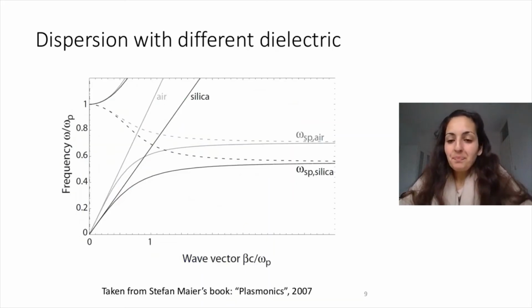Okay, and so now I'm answering the question that I got afterwards: is there a difference between vacuum and other dielectrics? Yes, there is a difference, namely which light line the surface plasmon is approaching.